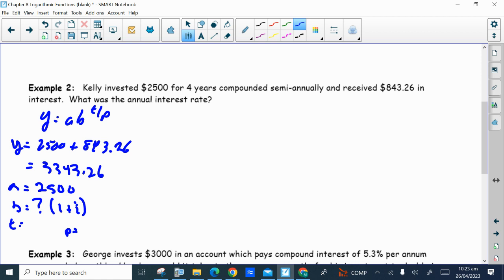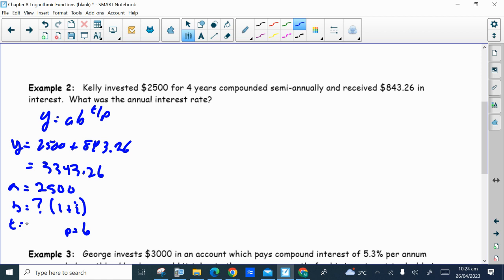Well, in this case here, it's compounded semi-annually, which is every 6 months. The number of months that the investment goes for is monthly, which is 12 times a year for 4 years.